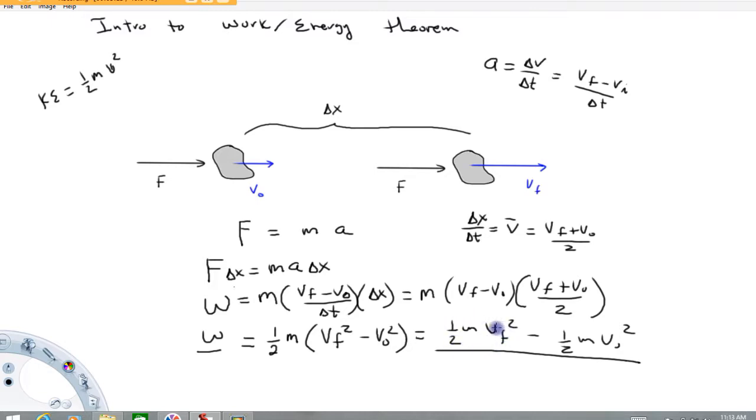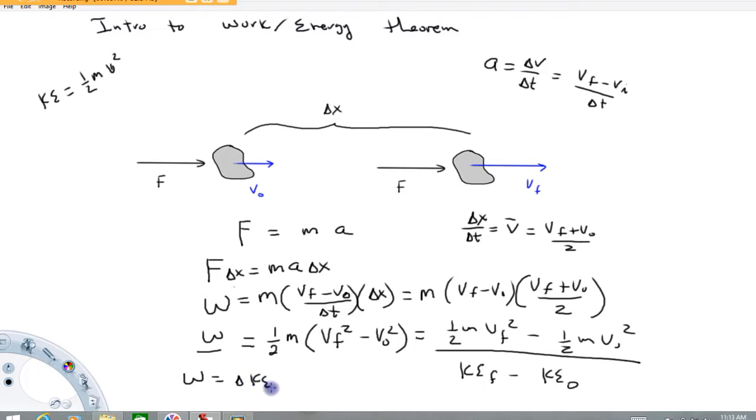Because in this part of the equation that's a final velocity, this term is what we would call the final kinetic energy. And because this is an initial velocity, that makes this term an initial kinetic energy. So conceptually, what this equation is saying is the work done on the system is equal to KE final minus KE initial, which is equal to the change in kinetic energy of the system.